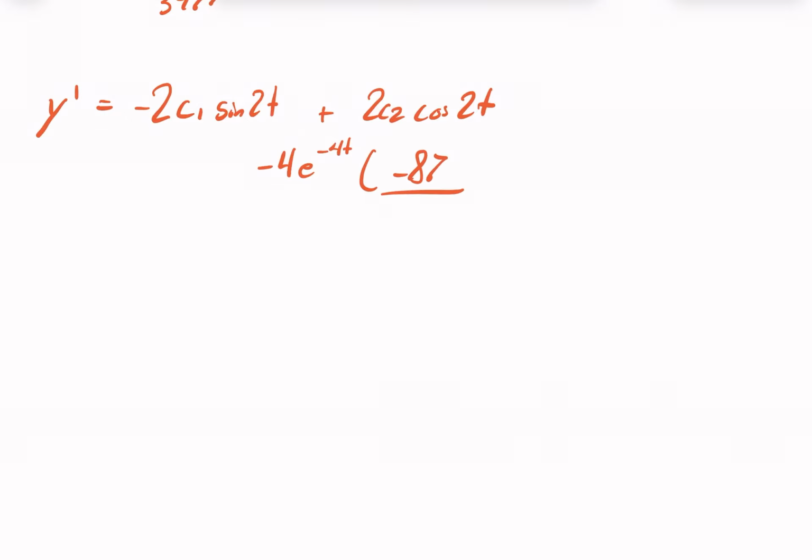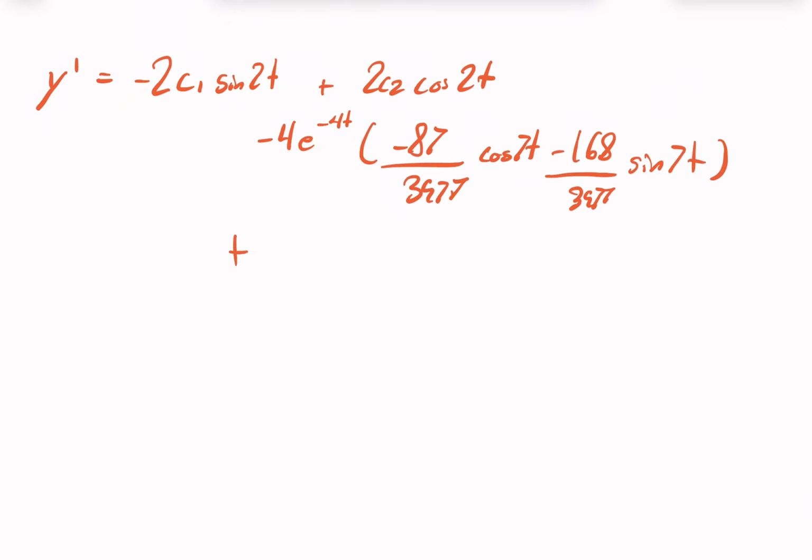So a little bit more work, and you get negative 2c1 sine 2t plus 2c2 cos 2t minus 4e to the negative 4t negative 87 over 3977 cos 7t minus 168 over 3977 sine 7t.